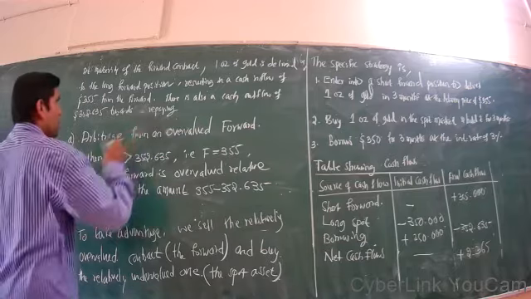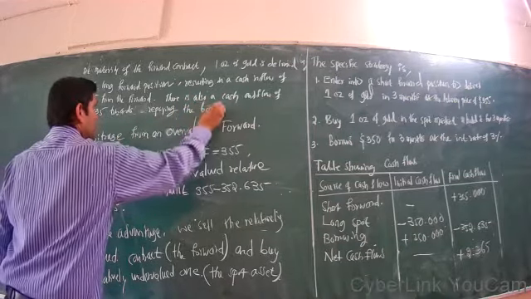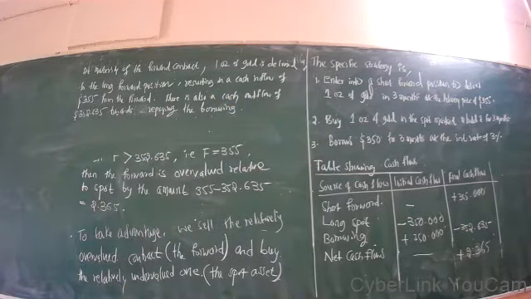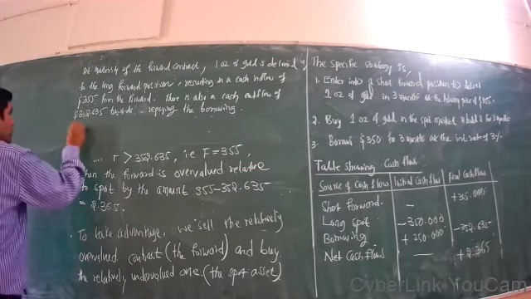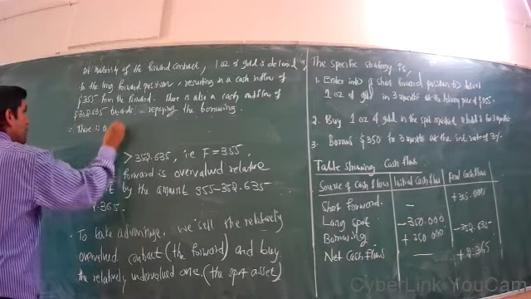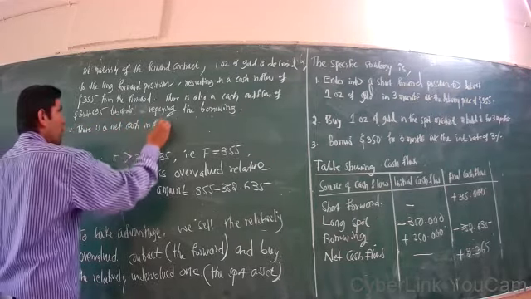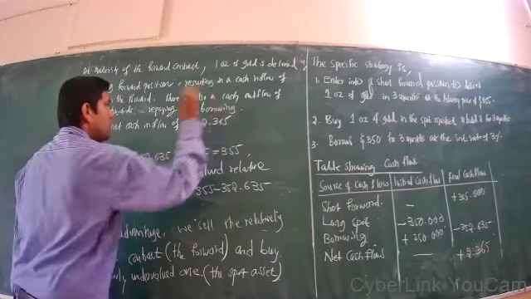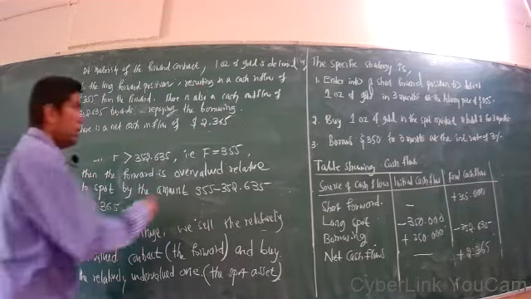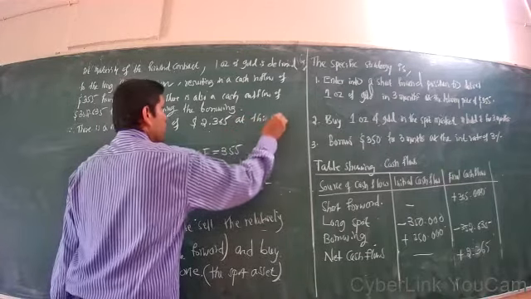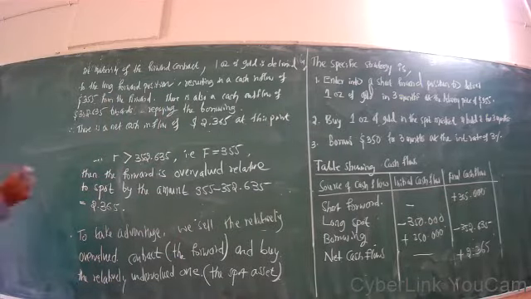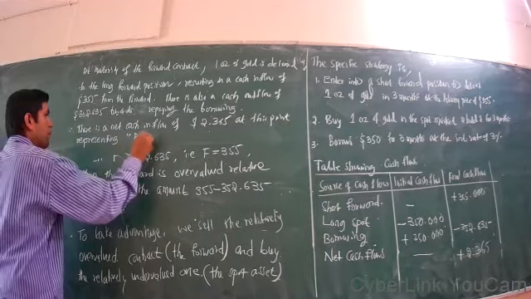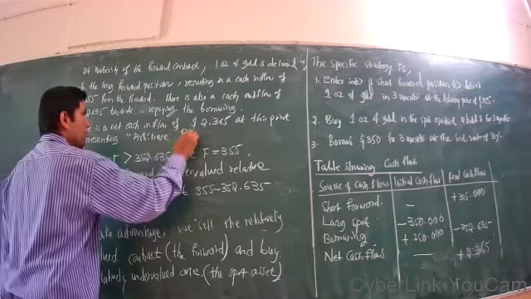Therefore, there is a net cash inflow of $2.365 at this point, representing arbitrage profit.